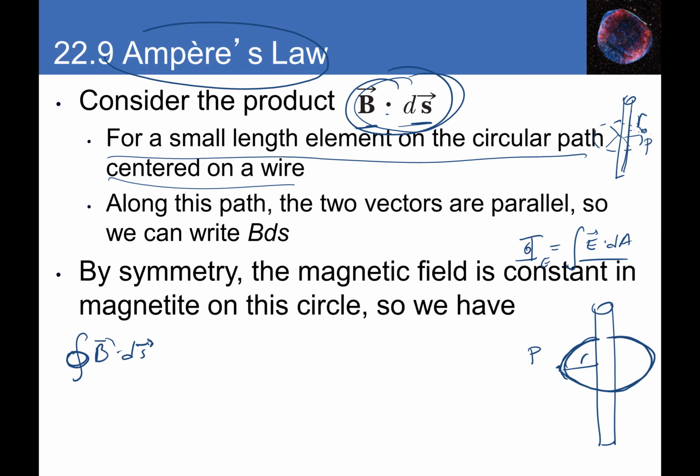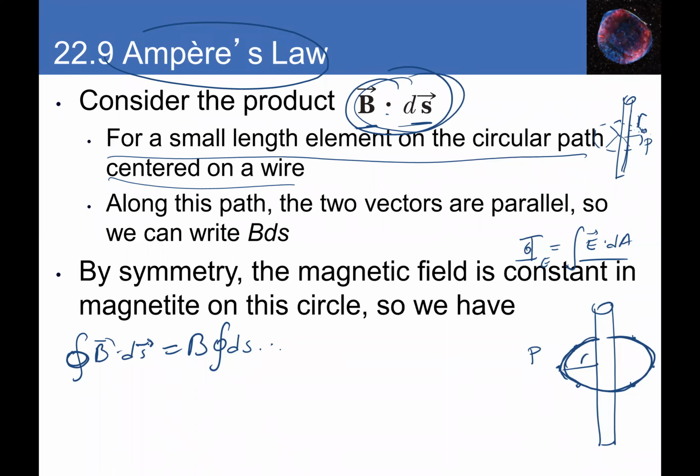Now the question is: is the magnetic field constant around this circular path? If I go through every position around the circle, is the magnetic field the same? We want it to be constant, so we choose a configuration that makes the magnetic field constant around that loop. Then I can just remove it from the integral and have just ds.